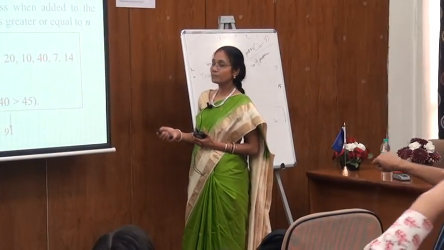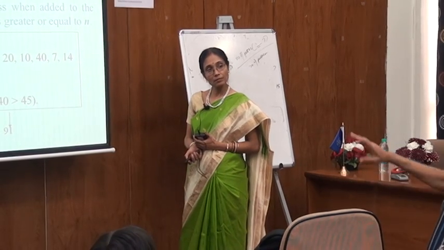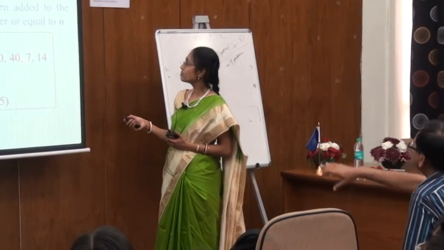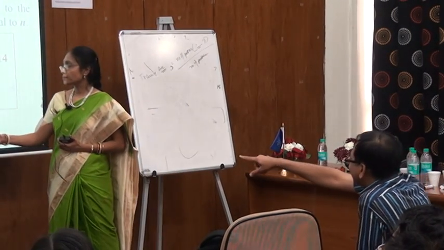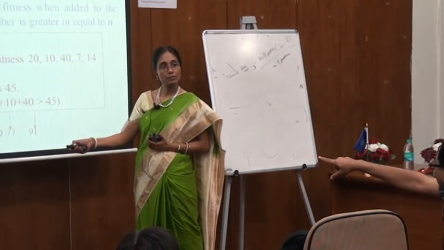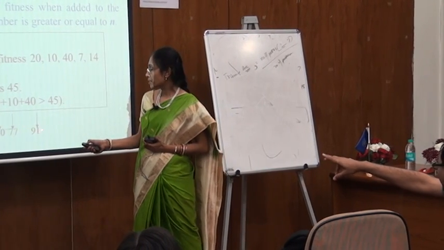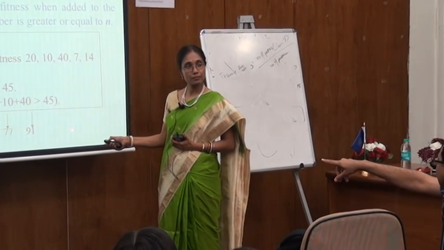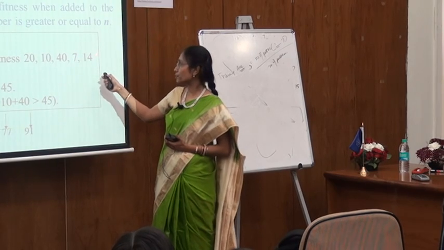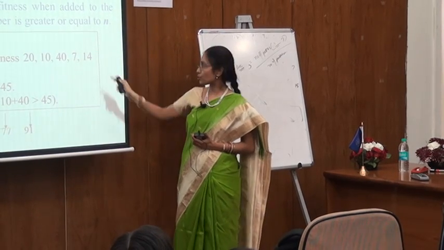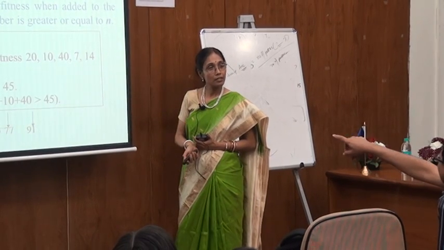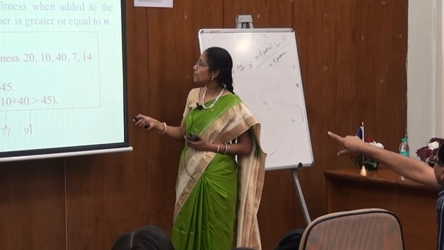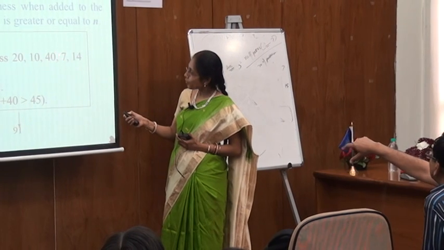For example, take the sixth chromosome with a fitness value of 41. Here we will have one more segment. 91 plus 45, the sixth chromosome will be a cumulative sum. Then 20, 10, 40, and then we have one more chromosome with 41.